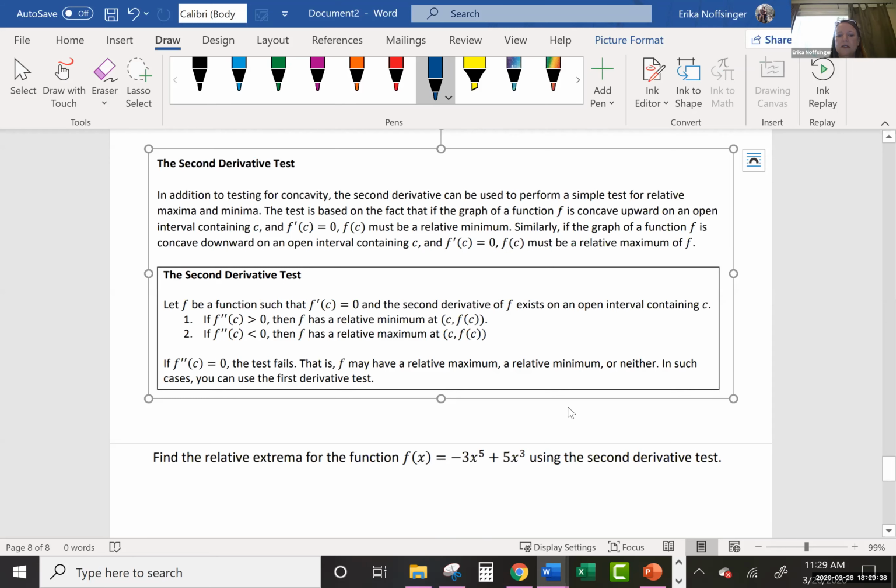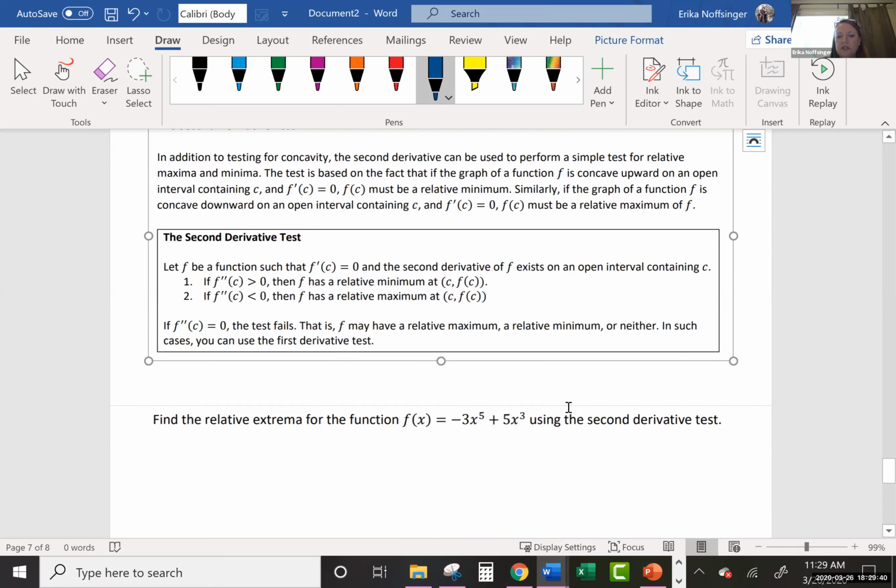derivative test. So to use the second derivative test, we're going to do the same thing as before. We're going to look at when is the first derivative equal to 0 and where does it not exist. Once we find those critical numbers, instead of testing each side of it, we're going to plug it into the second derivative.